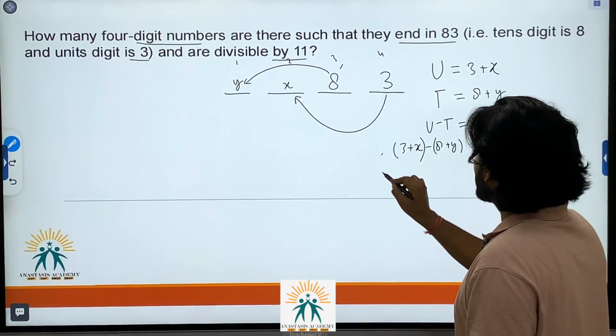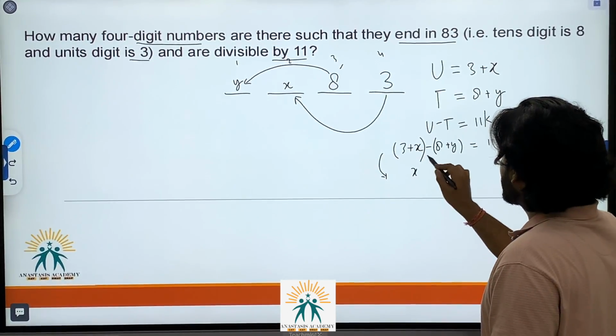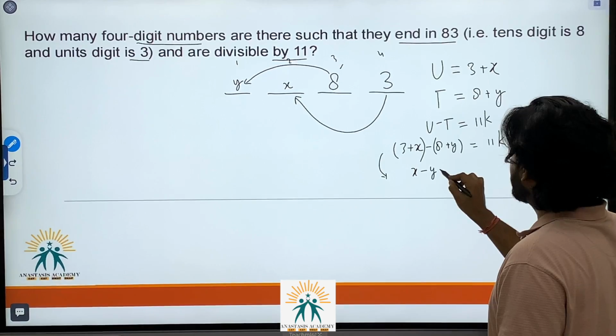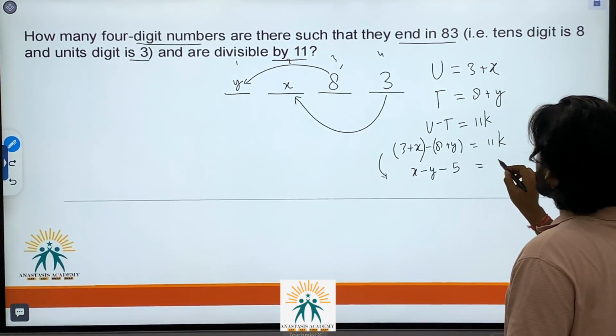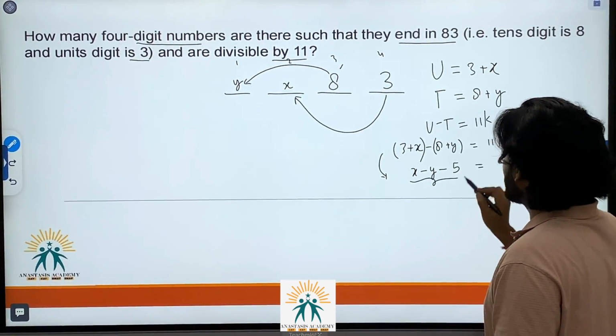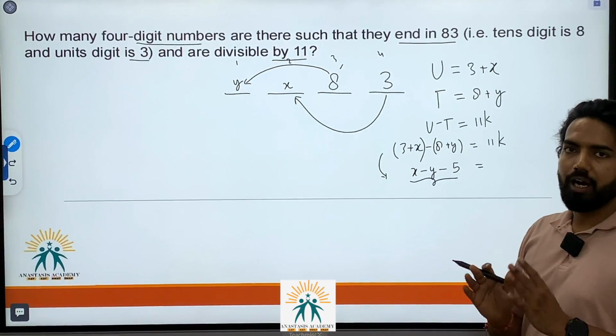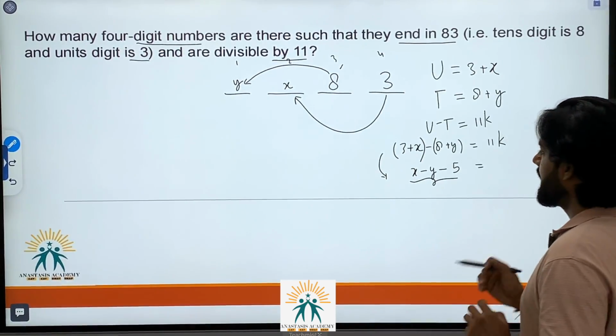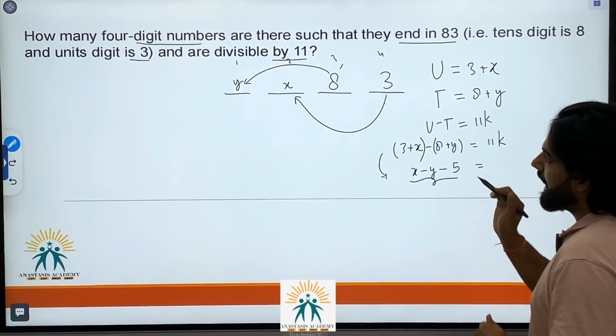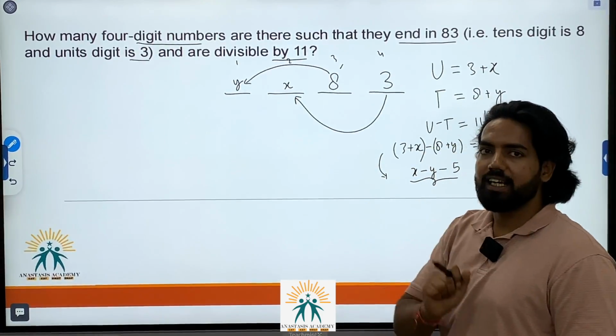So it becomes x minus y minus 5, and the value of this term has to be a multiple of 11, right? First of all, I know x and y are single digits.